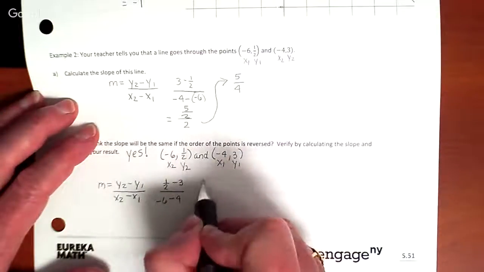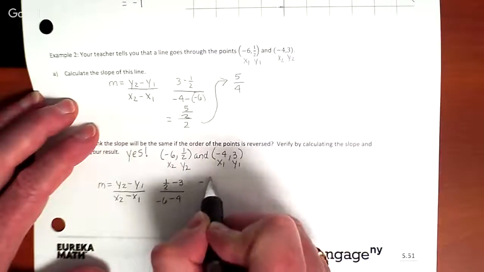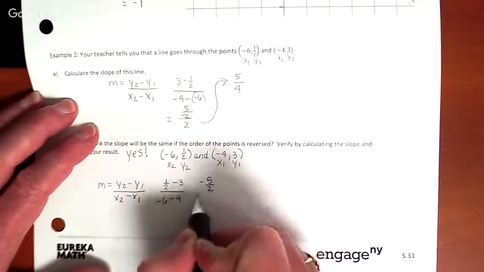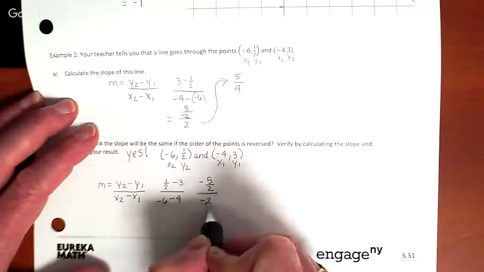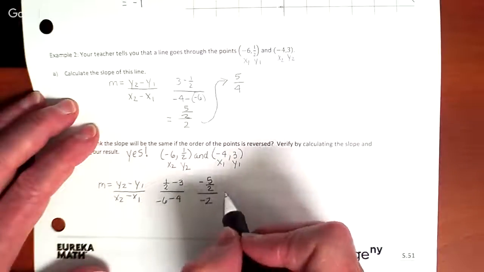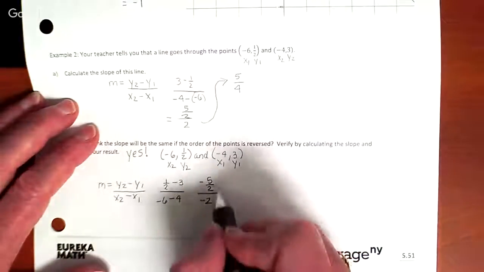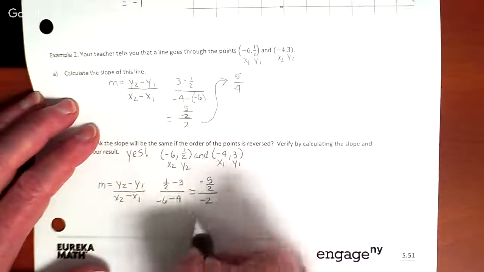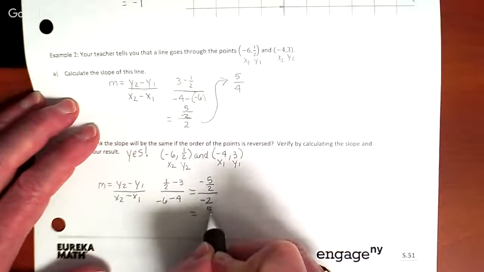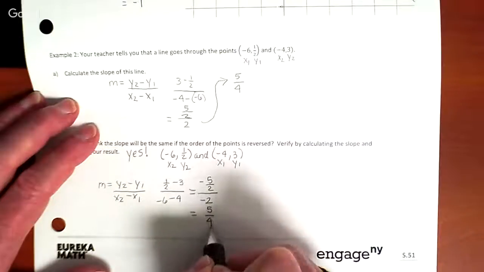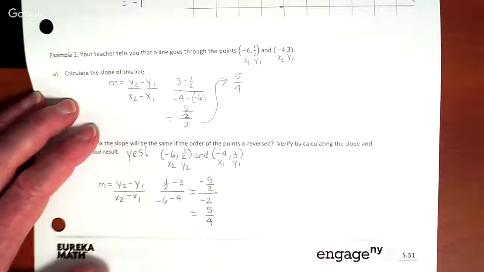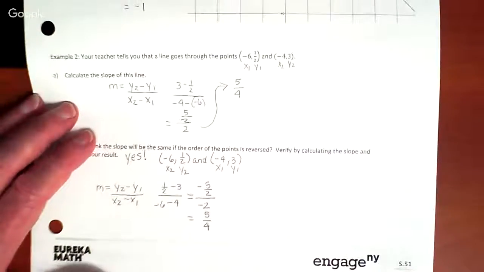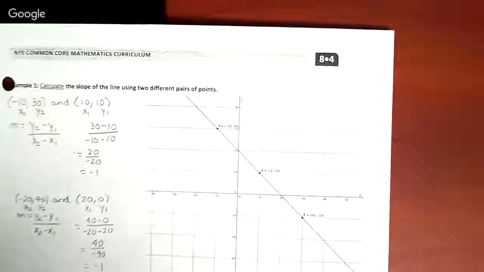Well, now I have negative 5 over 2 over negative 2, which is still going to give me, when I simplify, 5 over 4. So yes, they are going to be the same. This ends our lesson.